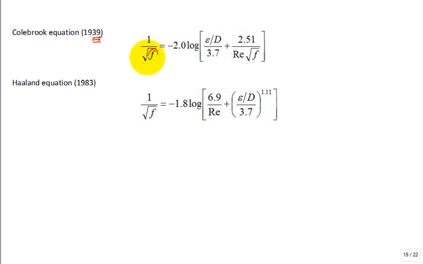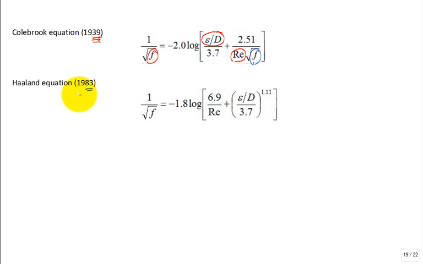There's the friction factor, there's the relative roughness, there's the Reynolds number, and there's the friction factor, and it's on both sides of the equal sign. So if I was given the relative roughness and given the Reynolds number, if I wanted to use the 1939 version Colebrook equation, I would have to iterate. It's not really easy, but you could do it.